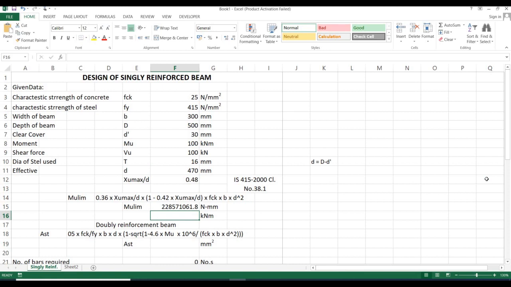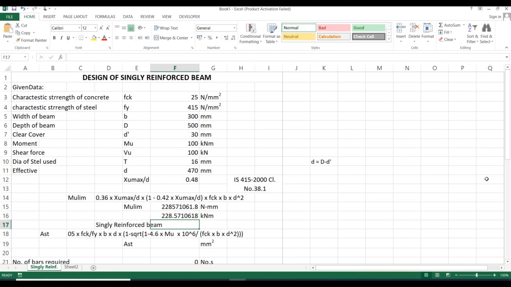So this is in Newton per mm. To make it kilonewton meter, divide this by 10⁶. It will give me the value of 228.57 kilonewton meter. So this is the Mu limiting.